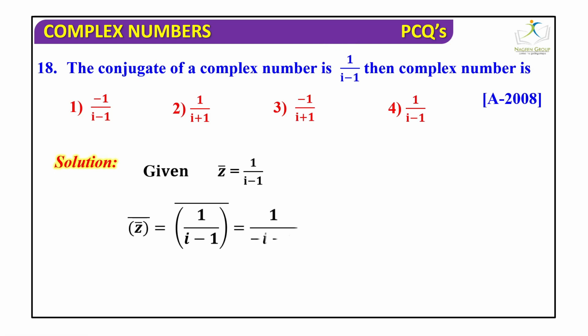So the conjugate of the conjugate is the number z. So we will take the conjugate of this, 1 by minus iota plus 1 minus 1. Right. So from here this came: 1 by minus iota minus 1. Wherever there is iota, we replace it with minus iota. Right. From here we get minus 1 by 1 plus iota. Right. It will be 1 plus iota. Now from here we have this option, it will be minus 1 by 1 plus iota.